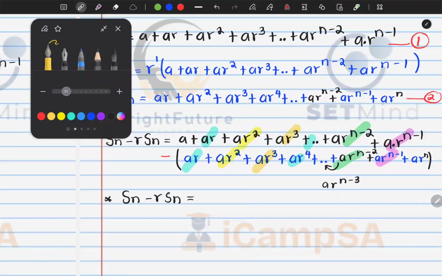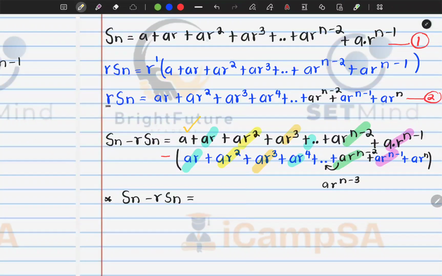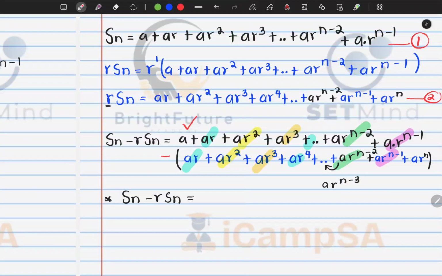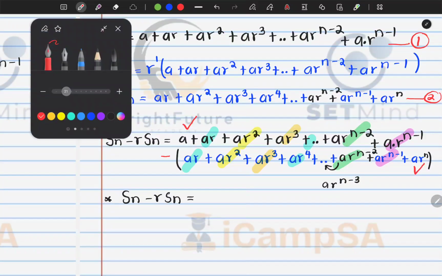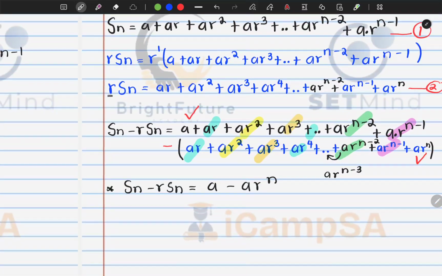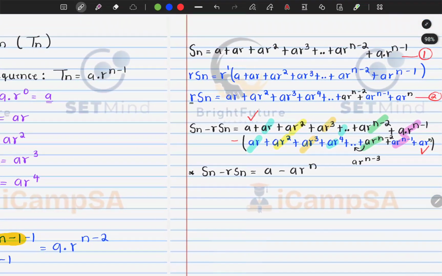When you look at what is left, we are left with A, and then the AR^n will be subtracted. So we are left with A minus AR^n.